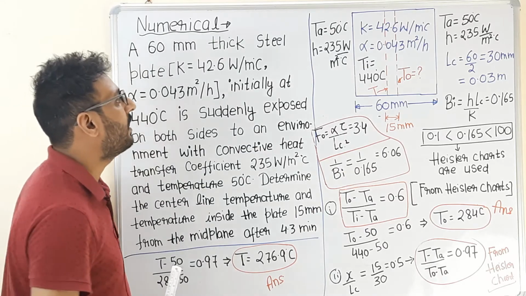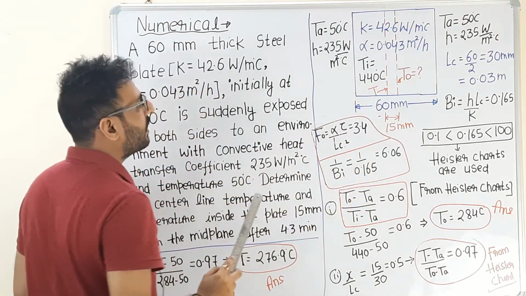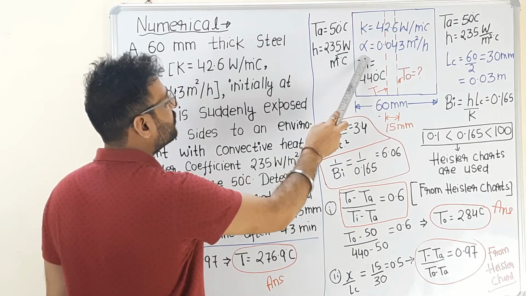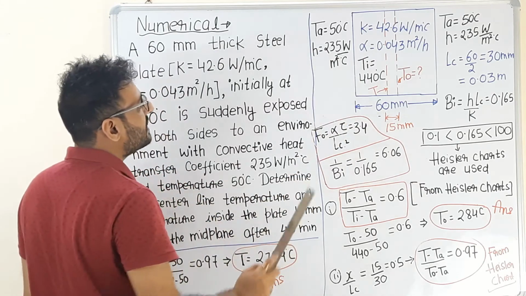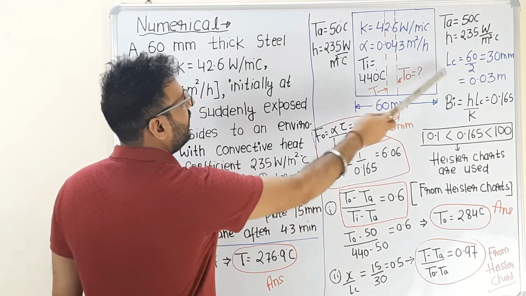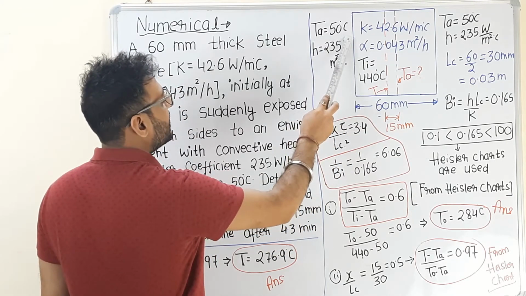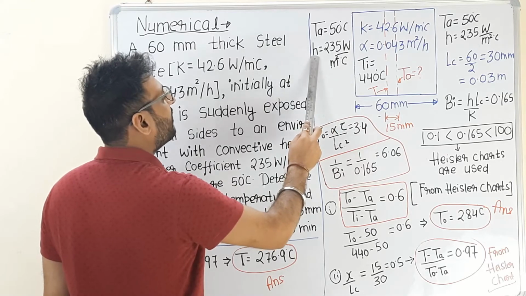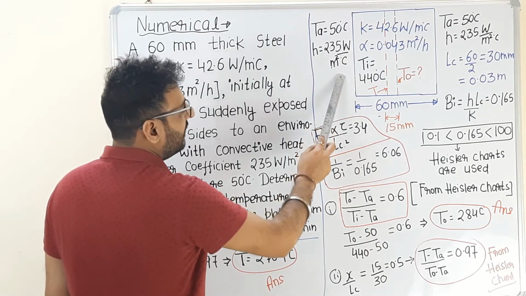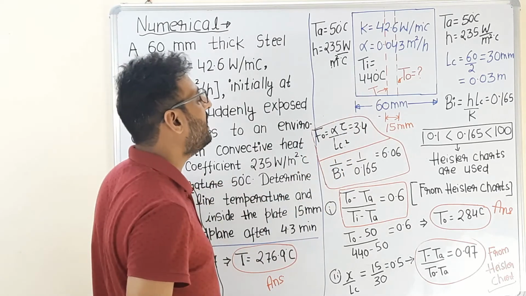So the plate has a thickness of 60 mm, with thermal conductivity and thermal diffusivity like this. This plate is exposed to an environment on both sides. The temperature of the environment is 50 degree centigrade, the convective heat transfer coefficient is 235 watts per meter square degree centigrade, and the initial temperature of the plate is 440 degree centigrade.